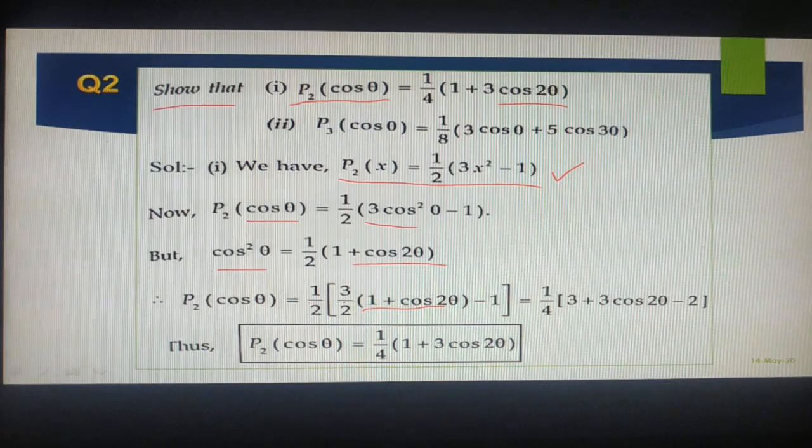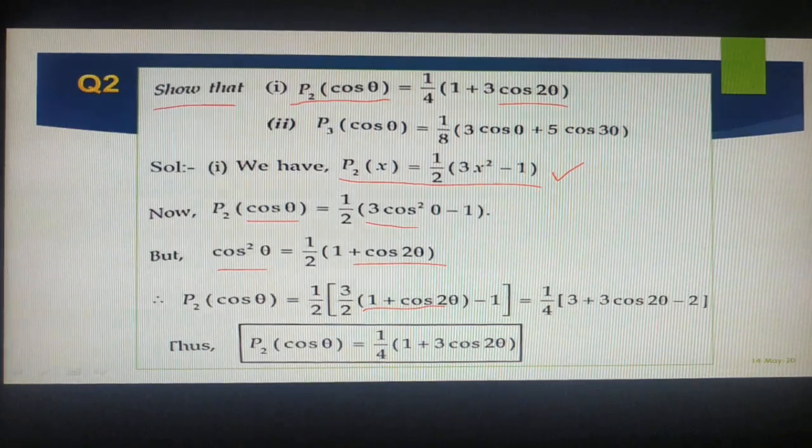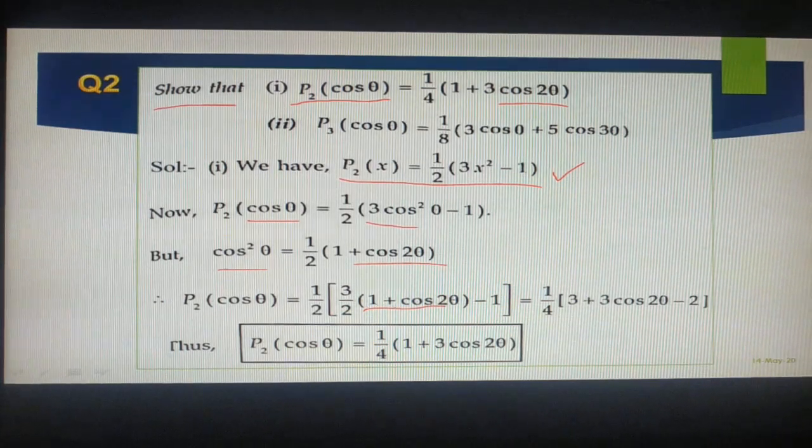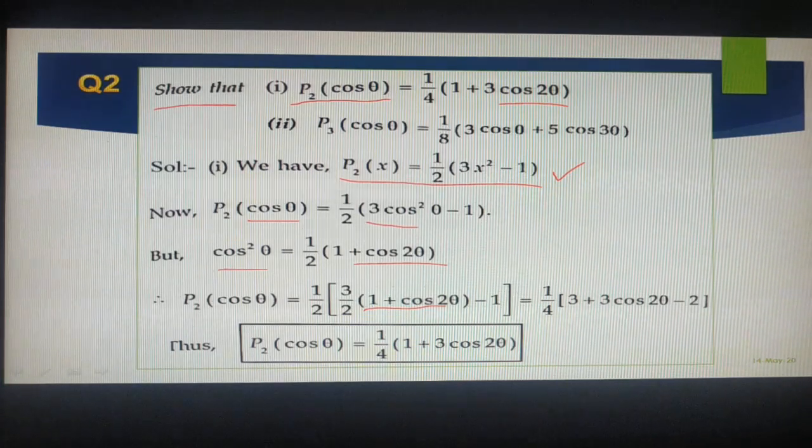Multiplying the whole thing inside, that is 3 plus 3 cos 2 theta minus 2, and 3 minus 2 will be 1. So 1 by 4 of 1 plus 3 cos 2 theta. Very simple way we will get it.